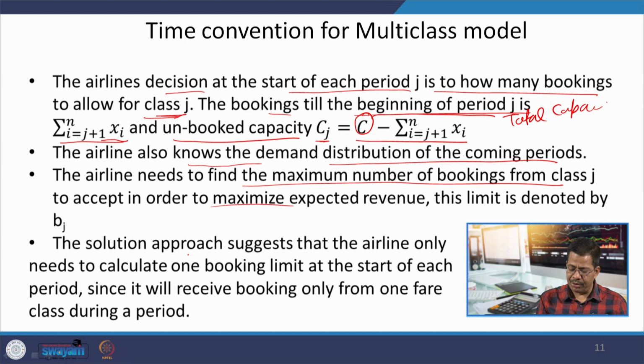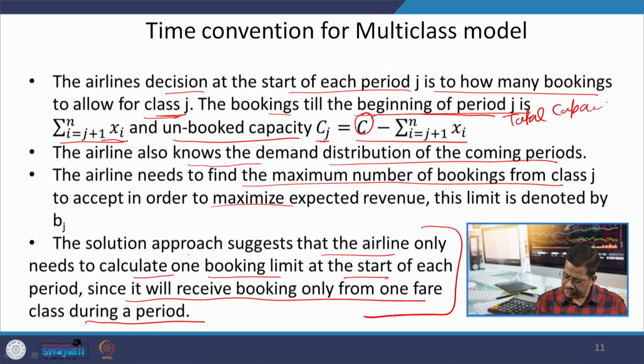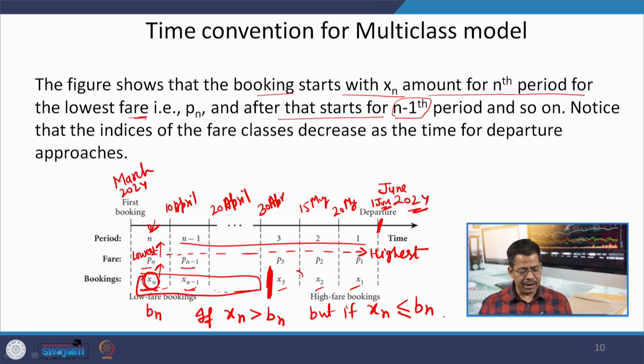The solution approach in this particular case, which we are going to discuss in our subsequent videos, is that the airline only needs to calculate one booking limit at the start of each period, since it will receive bookings only from one fare class during a period. This is very important. When I am starting, let us say, this third booking period, how many seats should I give for this fare class P3?